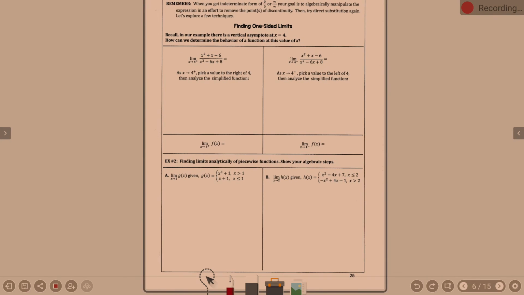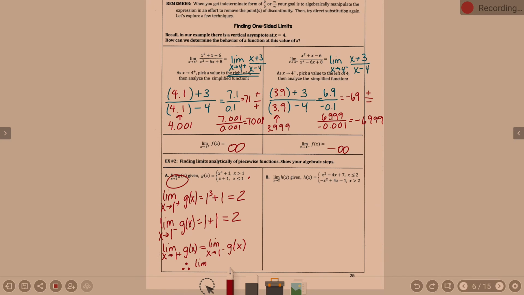I really thought I had room, but I don't. So I'm going to have to move it over. I'll put it right here. 3 dots, therefore, the limit as x approaches 1, not left or right, just as x approaches 1, of g of x is equal to 2.